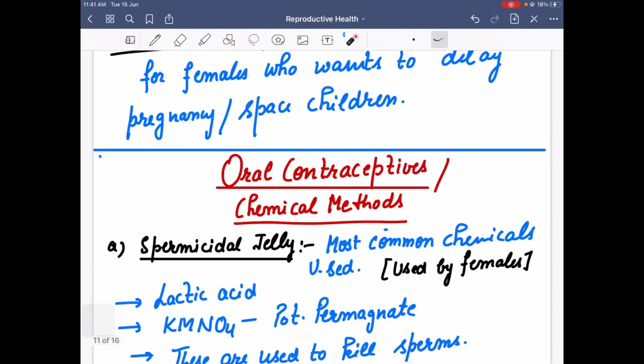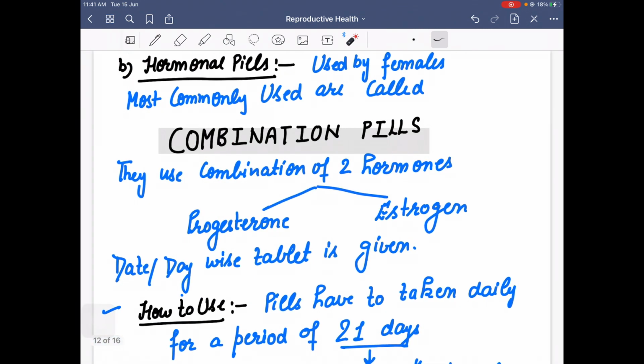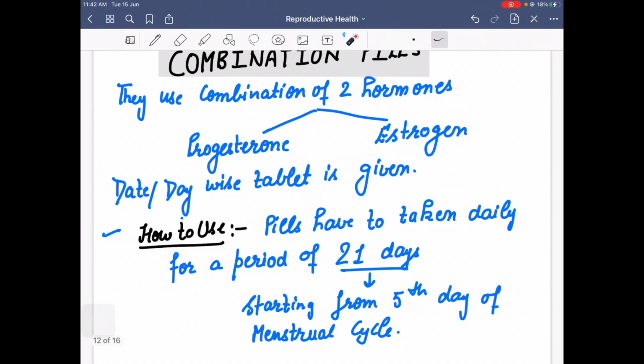As I told you initially, the hormones are progesterone and estrogen. This tablet is given day wise, and usually these pills are taken on a daily basis for a period of 21 days.